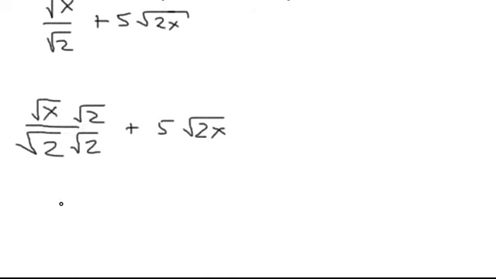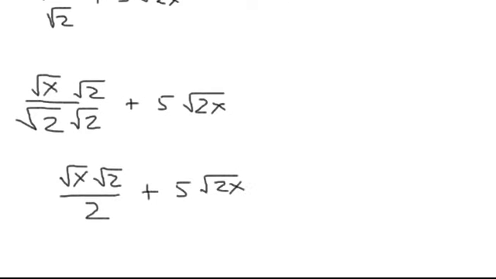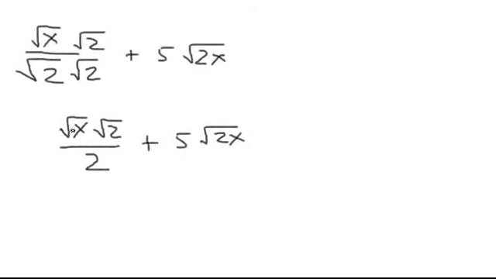So we end up with the square root of x times the square root of 2 over 2. Now, since both of these are square roots, I can go ahead and join those, and we're going to write it like this right here.